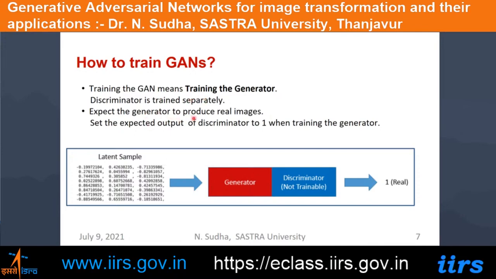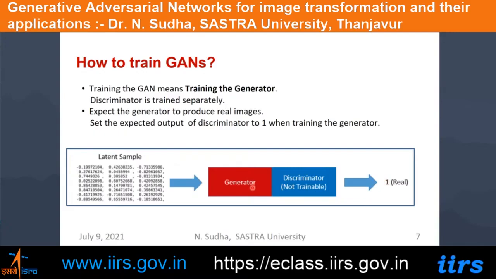We expect the generator to produce real images. So we set the expected output of the discriminator to 1 when training the generator. When you train the generator, we want to keep the discriminator output at 1, because the generator always says I am generating only real data.